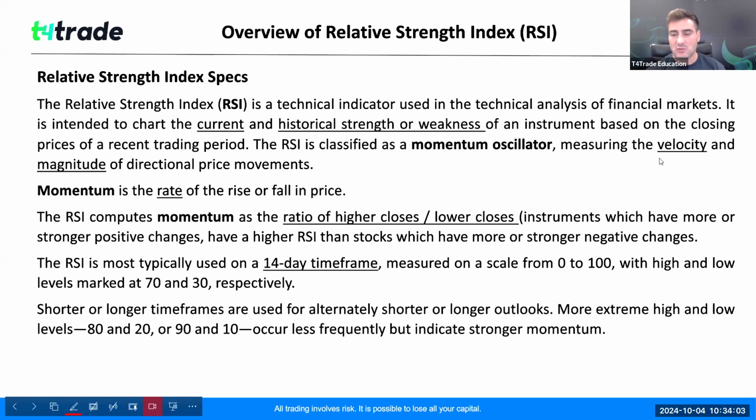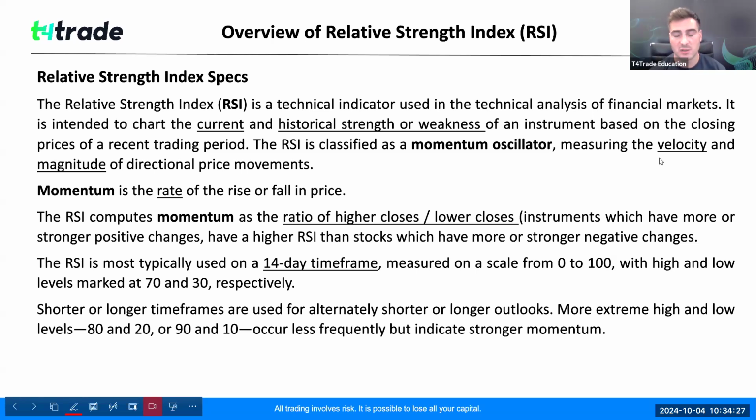Again, the RSI uses closing prices for the most recent trading period. That means inherently this is a lagging indicator. Okay, it's not giving you information about the future, even though it gives you much closer to real-time data when it comes to making informed decisions.